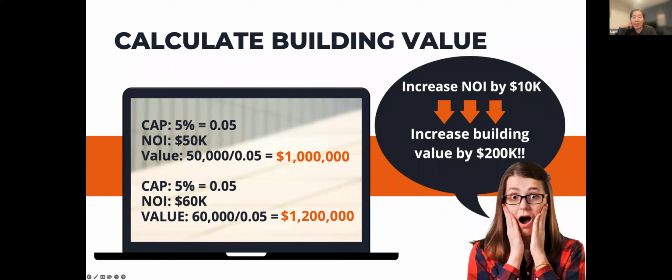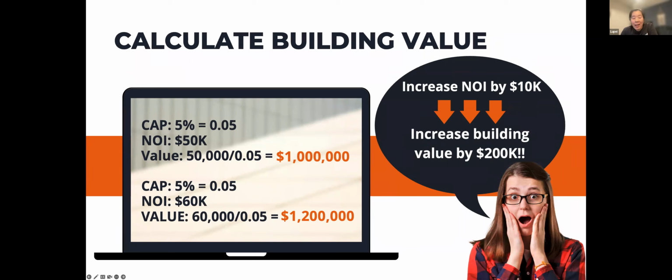The point of this exercise is to show you why commercial real estate is such a powerful investment. Last week we talked about how residential is valued based on comps, the next-door house value. But if you are able to control your income, you're able to control the value of your building.